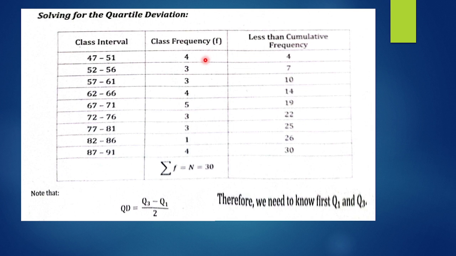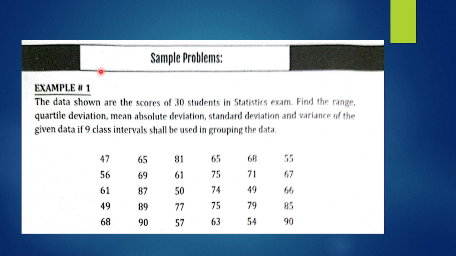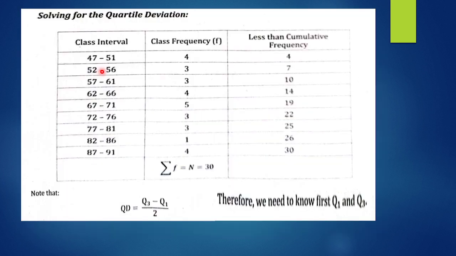In quartile deviation, the formula is QD is equal to Q3 minus Q1 all over 2. So, of course, we will look for Q3 and Q1. In order for us to do that, we put the data in a table. Since the problem indicates that we have 9 class intervals, that's why 1, 2, 3, 4, 5, 6, 7, 8, 9.